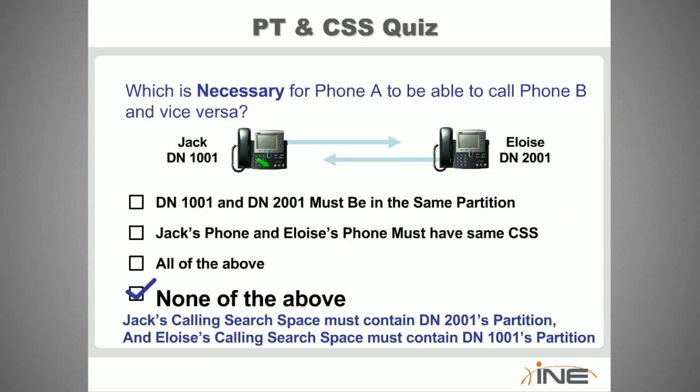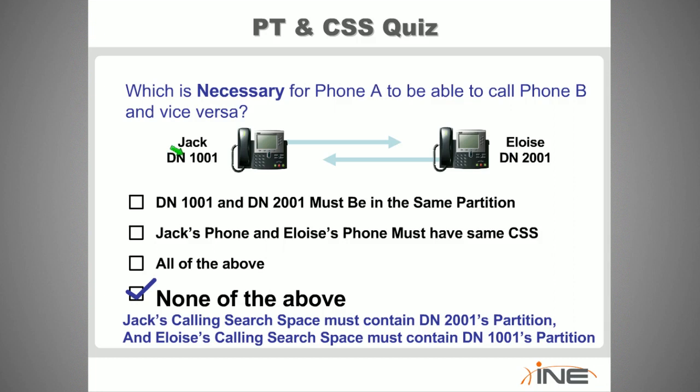Jack's calling search space, on either his phone device or on the individual line that he's calling from, or a combination, has to contain, so his filing cabinet must contain, the directory or partition that Eloise's DN is found in. And for Eloise to call back, she also has to have the same thing.